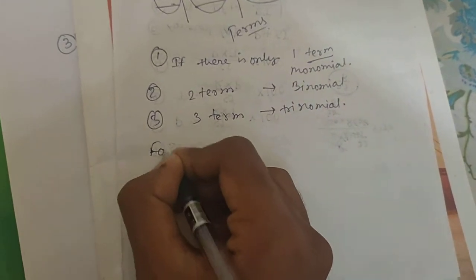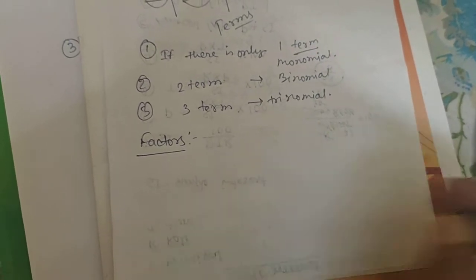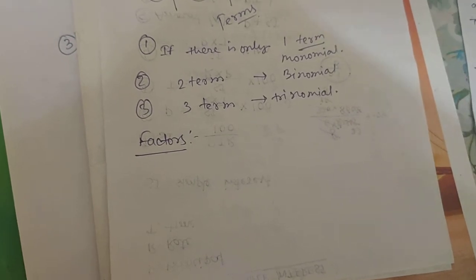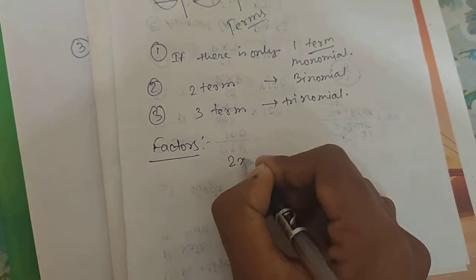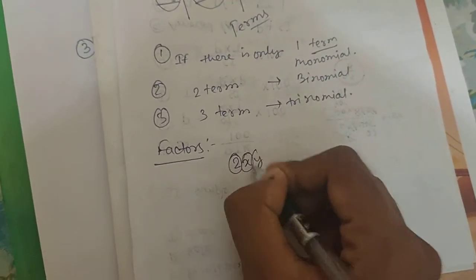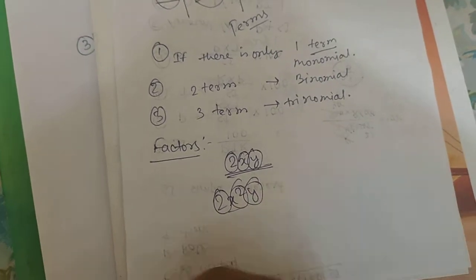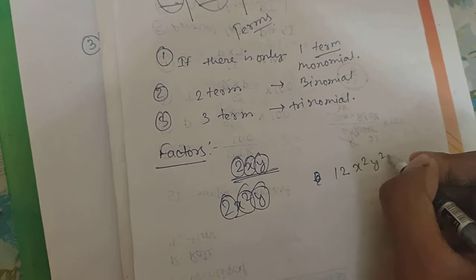And what about the factors? What is called factors? Factors means when two or more numbers and literals are multiplied, then each of the terms is called a factor of the product. Suppose there is 2xy. Each and every portion is called a factor. Suppose 2x square y, 2x square and y are called factors. Suppose 12x square y square z.